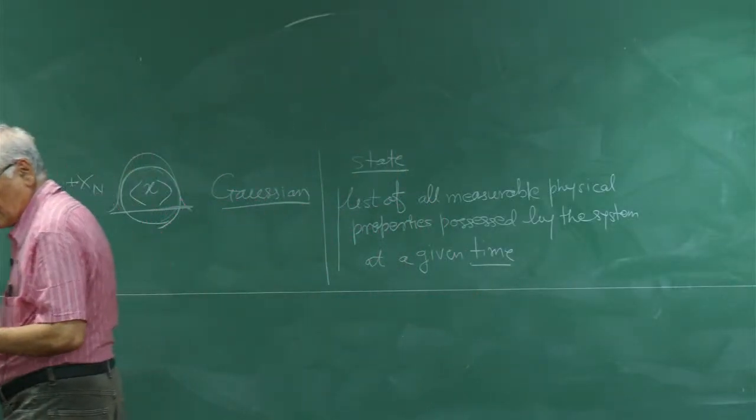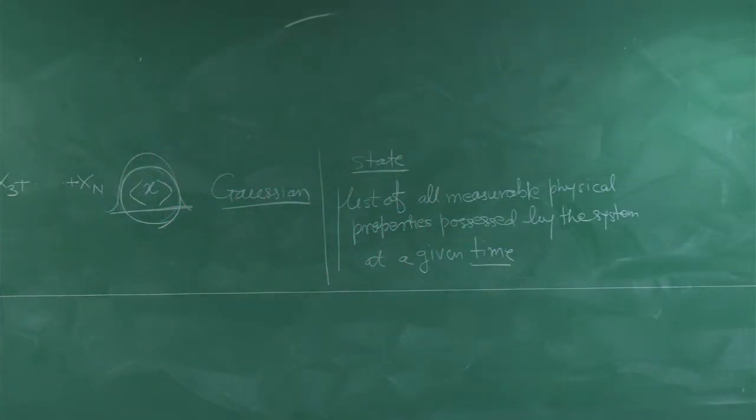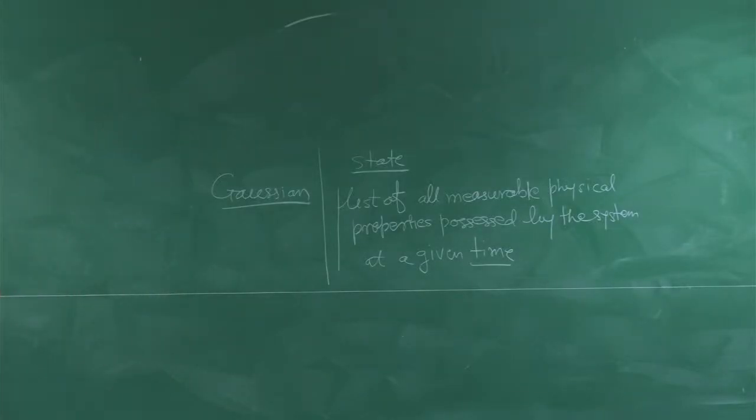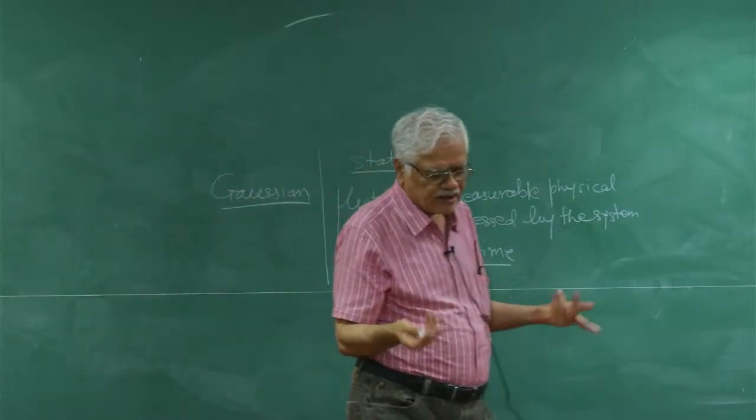Now let us take a particular case. Let me take the two fundamental quantities, position and momentum of a classical particle. By the definition of specifying the state of the system, it means that these two quantities have specific, definite values, and they can be measured by different methods or the same method, whatever it is.